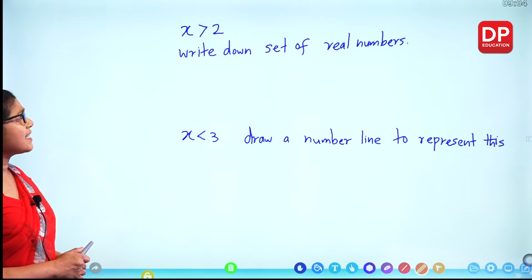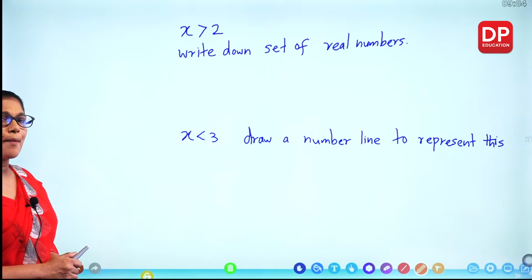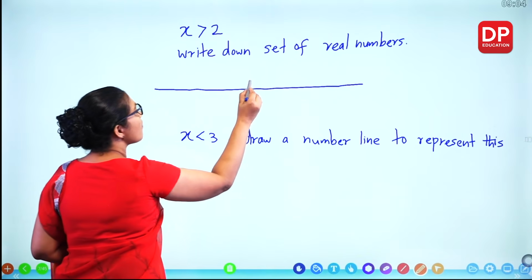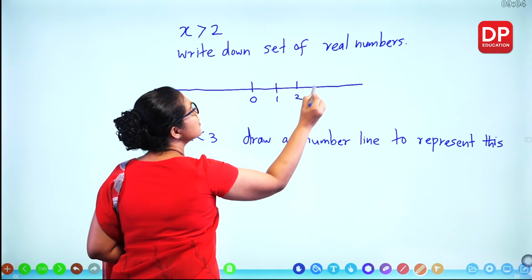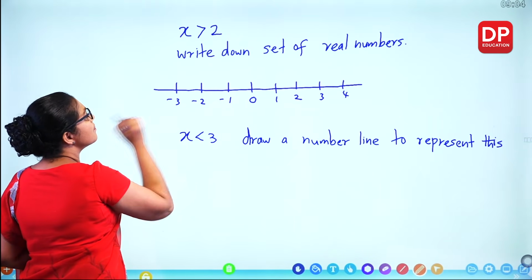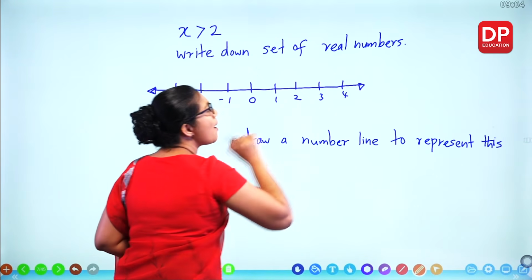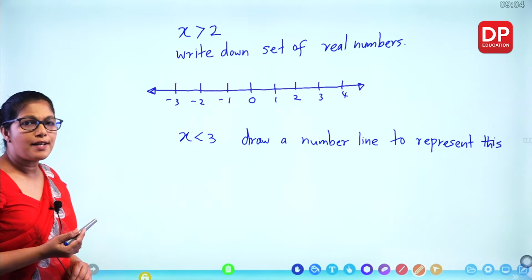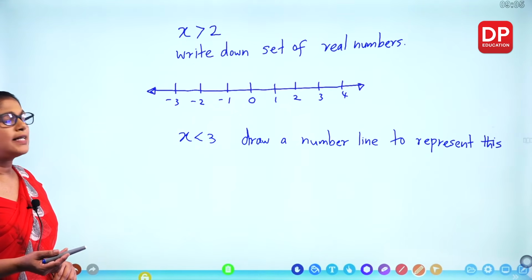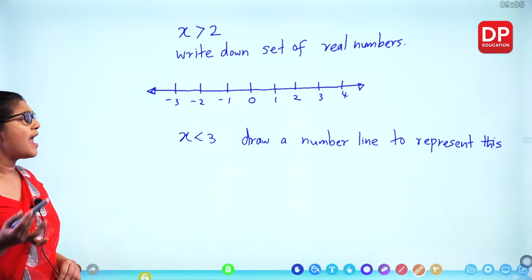x is greater than 2. Write down the set of real numbers. So what are real numbers? When you take the number line, any number on the number line is a real number. It can be whole numbers, negative whole numbers, decimals, fractions, square root values, any number.